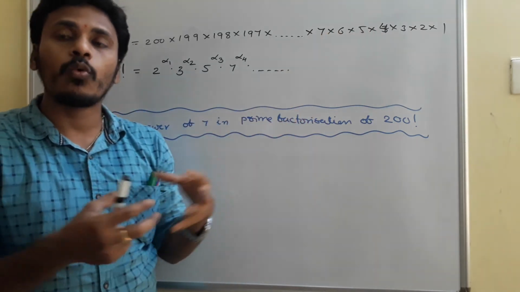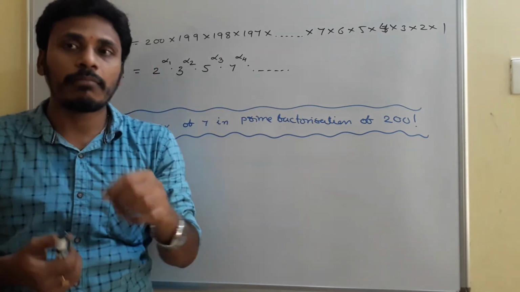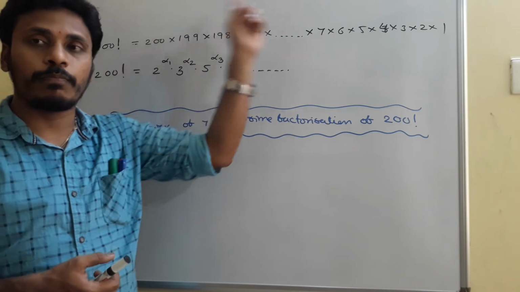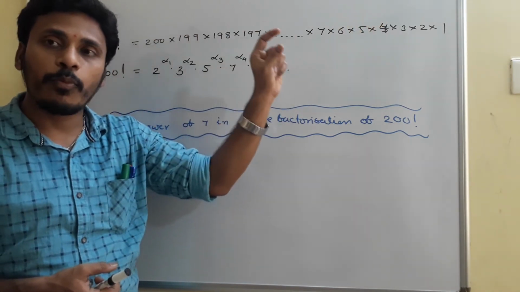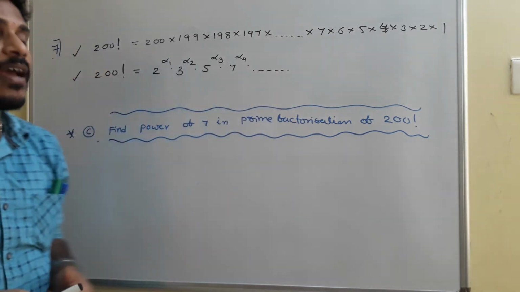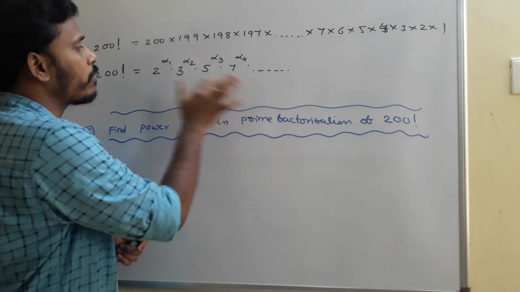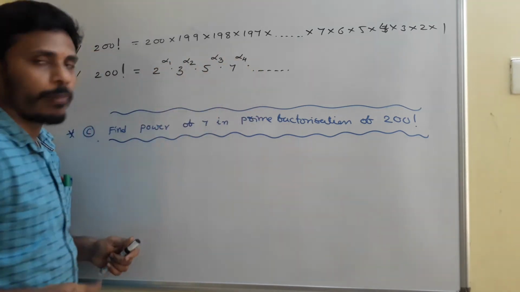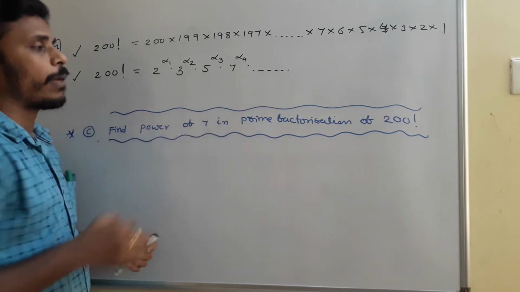If you collect only the primes, you need to split each and every composite number again as a product of primes in this product. Rewrite the composite numbers as a product of primes, and then collect the 2s, 3s, 5s, 7s, all the primes, and express them as powers of primes. The question is about finding the power of 7 in the prime factorization.